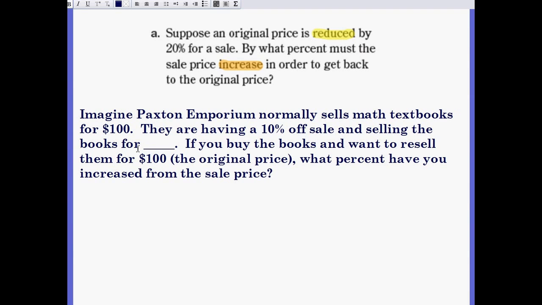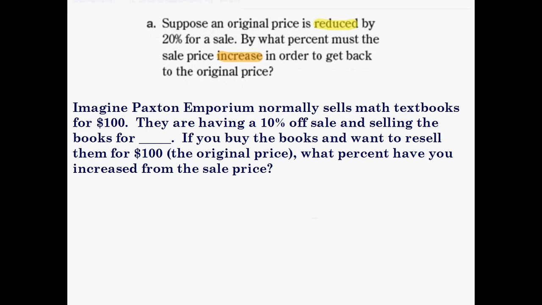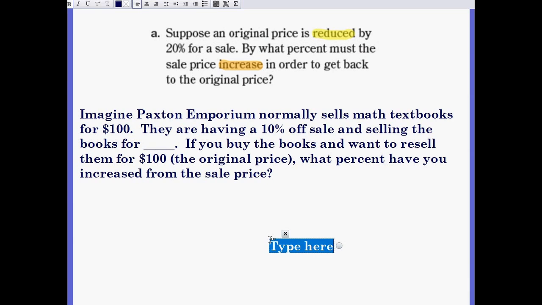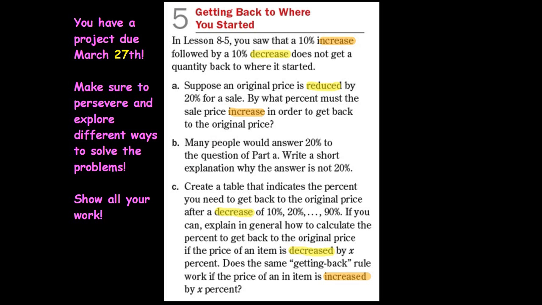They're having a 10% off sale and selling the books for, well, if it's 10% off, that means they're selling for 90% of something, and 90% of 100 would be $90.